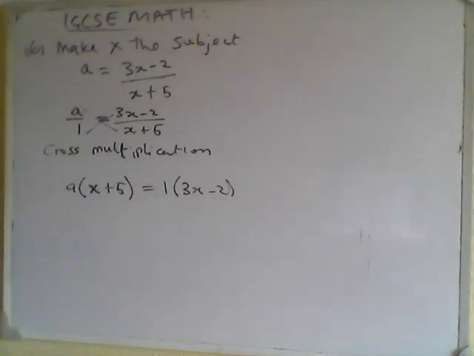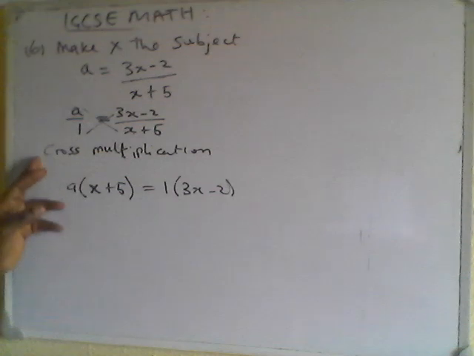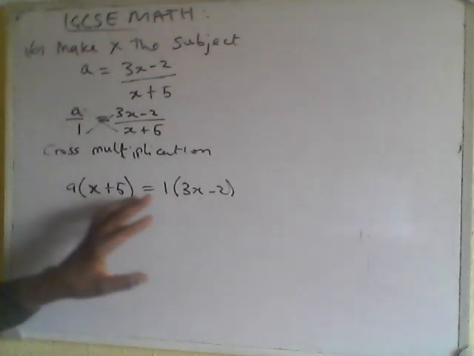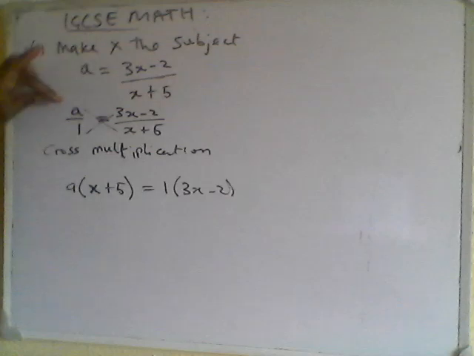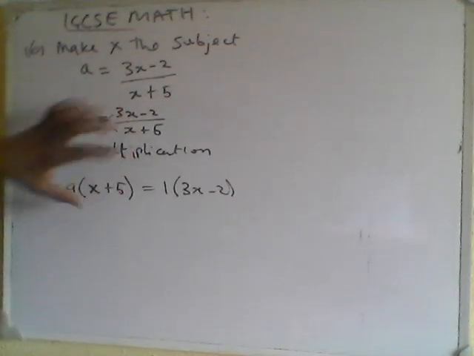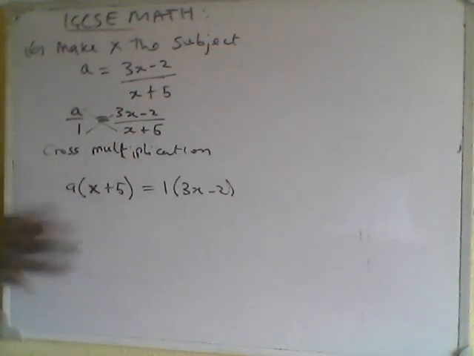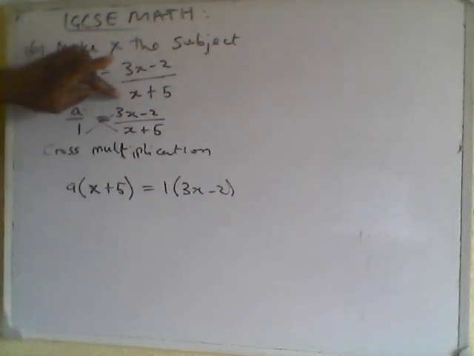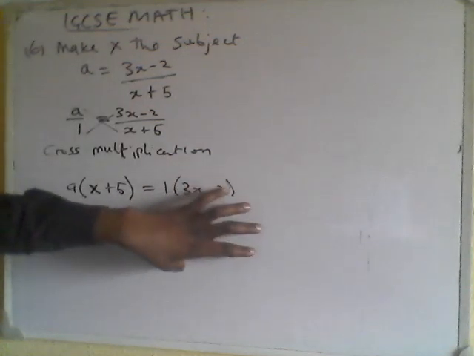So cross multiplication is a process of trying to resolve fractions into whole numbers by taking the numerator of the fraction on the left-hand side and multiplying by the denominator of the fraction on the right-hand side, and keeping the answer on the new left-hand side, and taking the denominator of the left-hand side and multiplying by the numerator of the right-hand side, and keeping the answer on the new right-hand side.